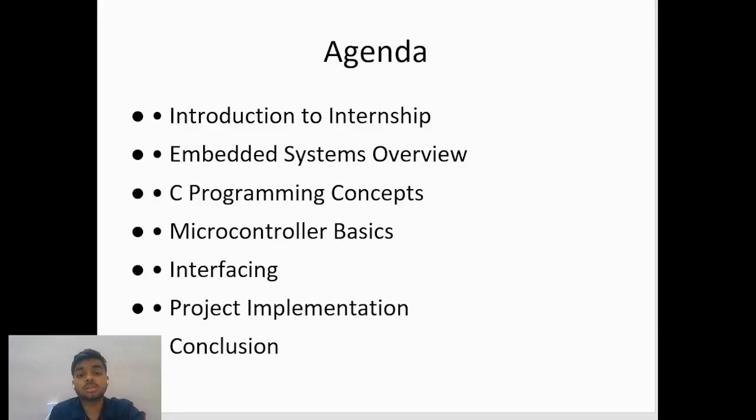Let me first talk through the agenda of our presentation. We will begin with a brief introduction to the internship, followed by an overview of embedded systems. Then I will explain the C programming concepts and microcontroller basics that we learned. After that, we will move towards interfacing and project implementation.